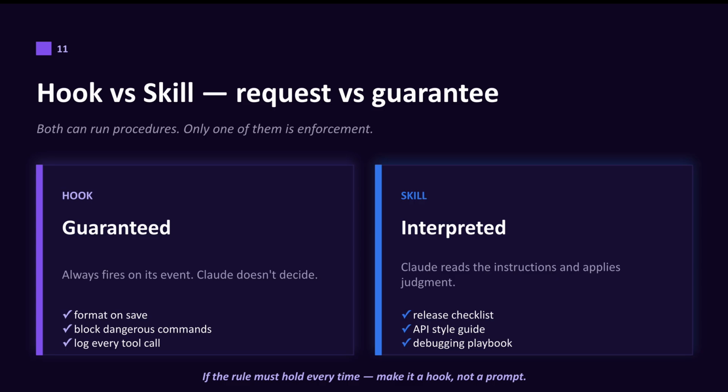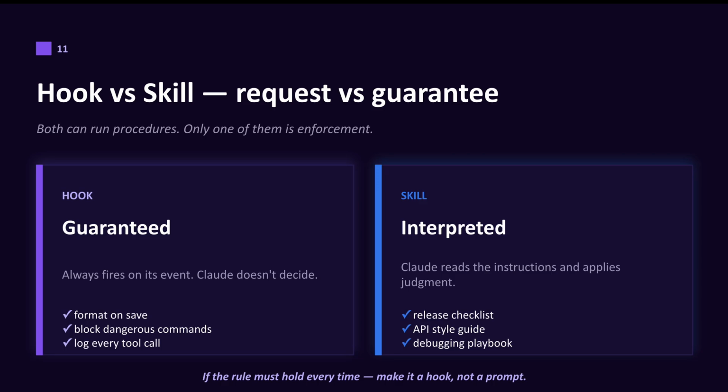Claude doesn't decide it. So skills are things like a release checklist or a debugging playbook where Claude needs to think. Hooks are for format on save, blocking dangerous commands, logging, where you absolutely cannot have a variation. If the rule must hold every time, make it a hook, not a prompt.